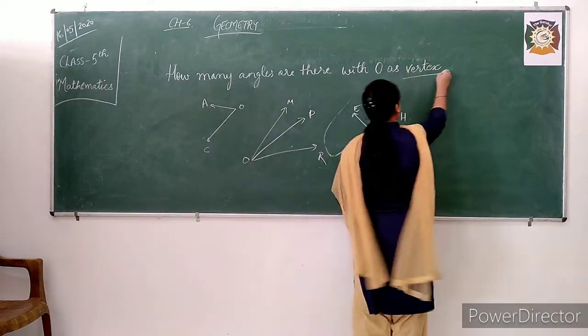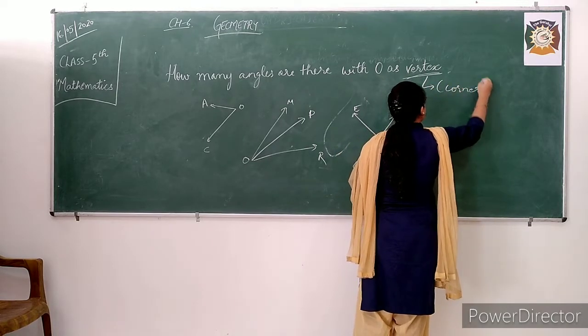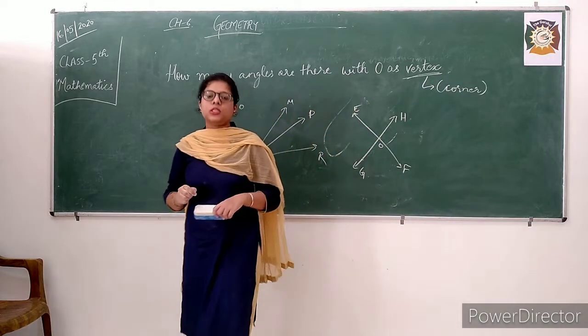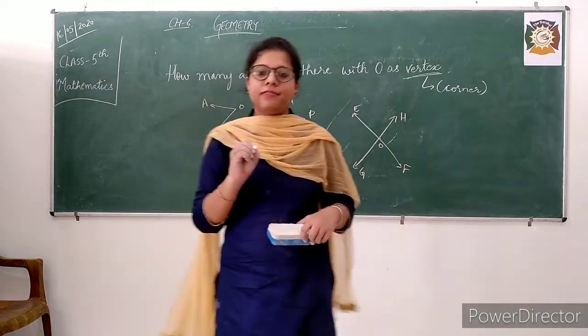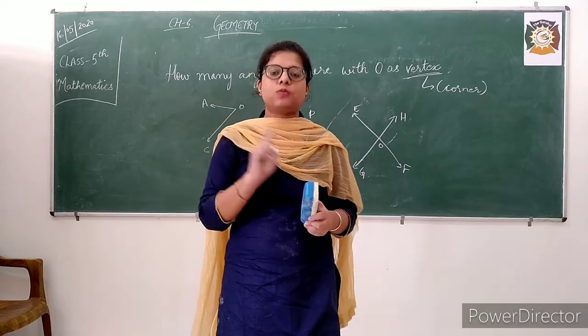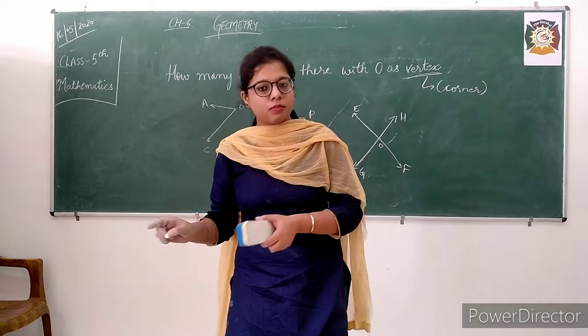What do you mean by vertex? Vertex is simply a corner. Remember students, whenever an angle is formed, the point at which the angle is formed is known as your vertex, and the two rays with which angles are formed are your rays or arms.